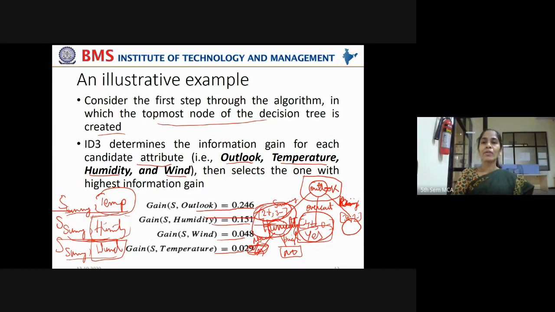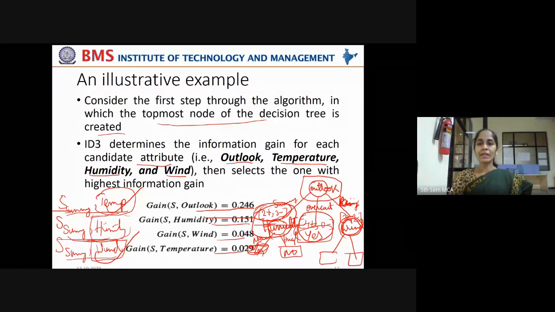What are the remaining attributes for which entropy has to be calculated? Only wind and temperature. Now calculate the information gain at this point for temperature and wind. It is found that wind has the higher information gain, so wind is taken here for further classification. And it is found that it is giving pure classification, so you can stop your decision tree there.